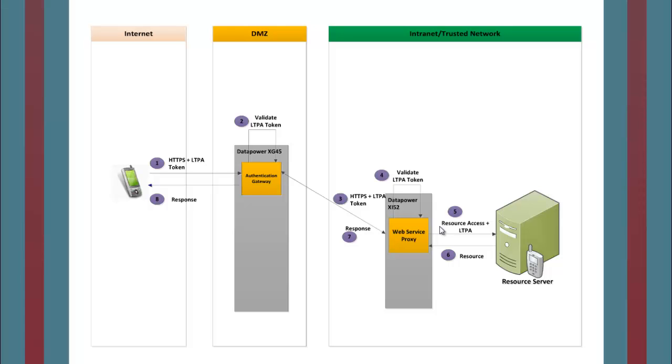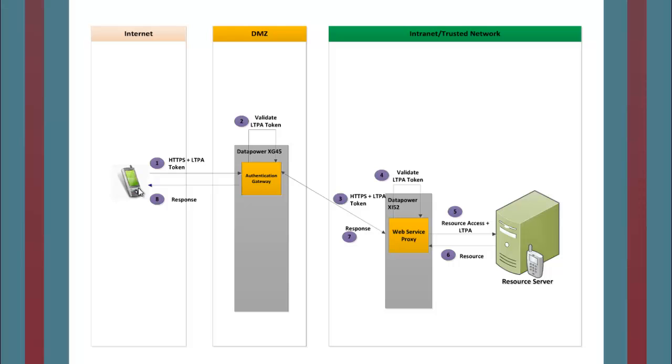It has all the capabilities of integration, and there are web services proxies that can exist over here, and those web services proxies then connect with the end servers. This is the resource server. They connect with those servers, get those resources, fulfill the request, and the response goes back to the client.